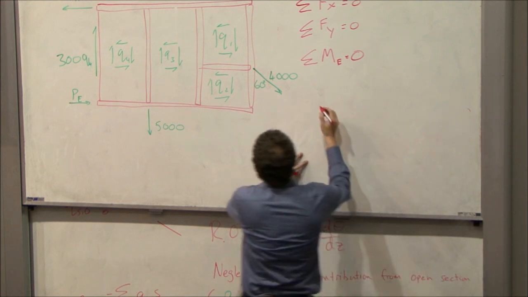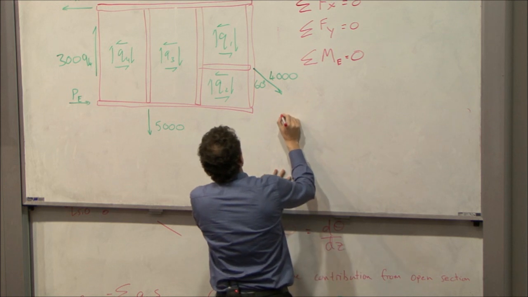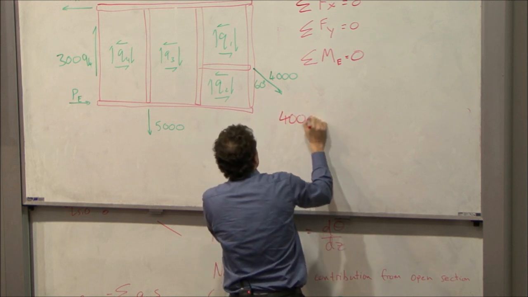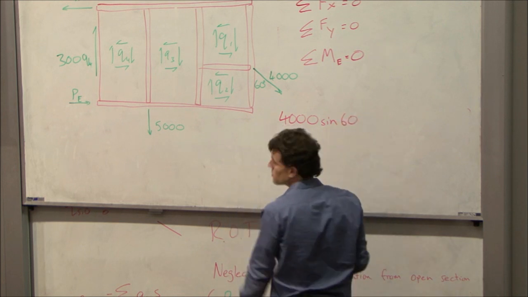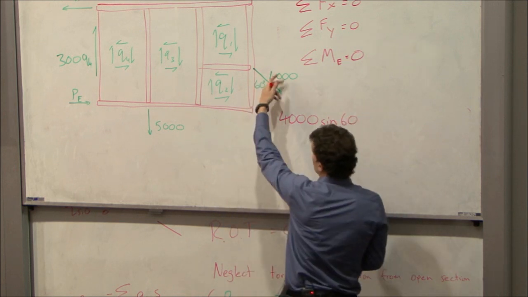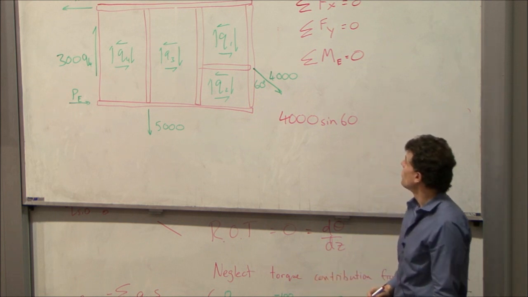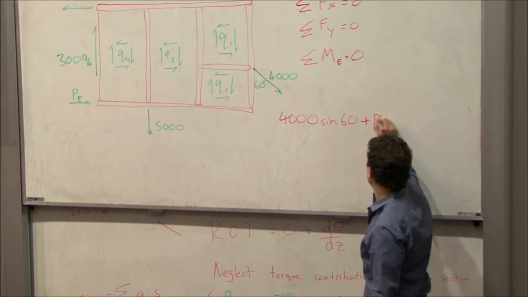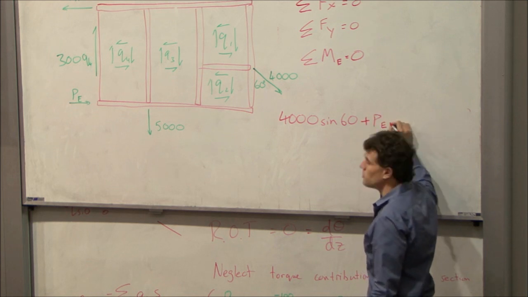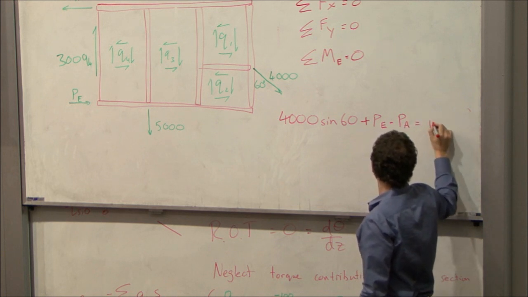So sum of forces in the x direction, we have 4,000 sine 60, which is the horizontal component of this force, plus PE minus PA equals 0.